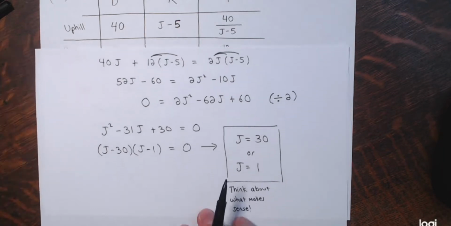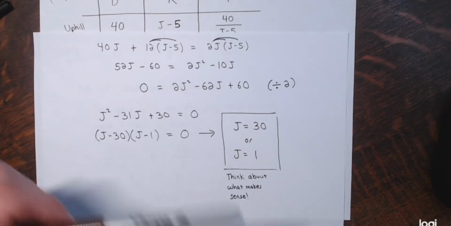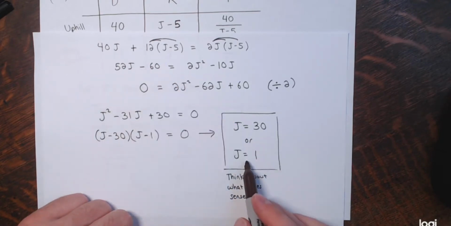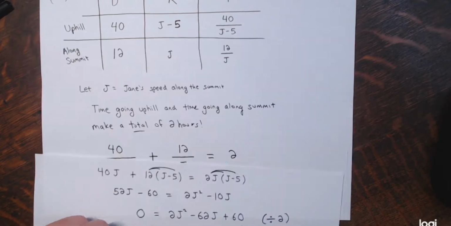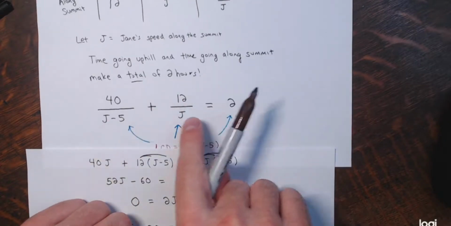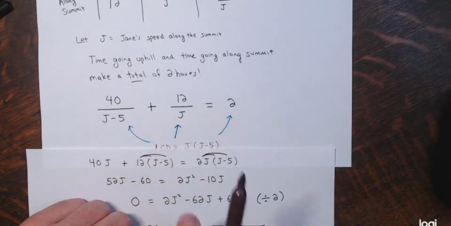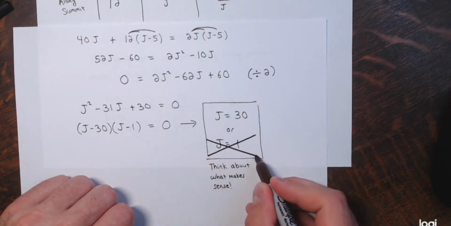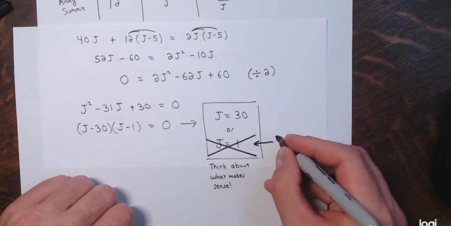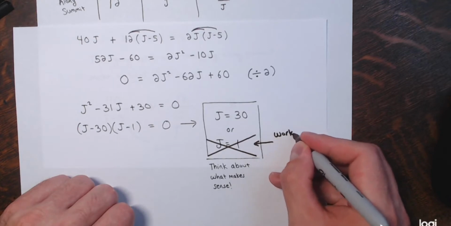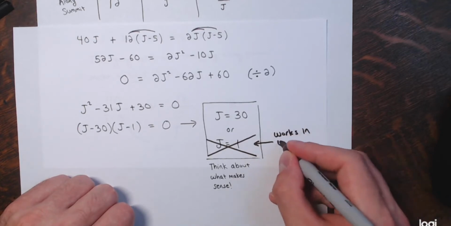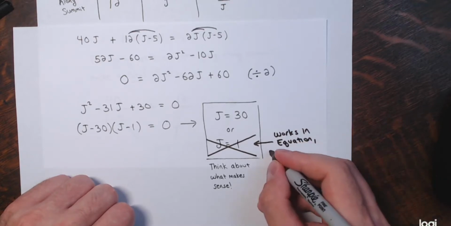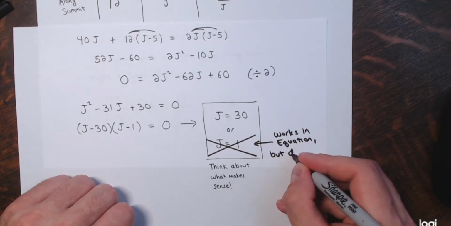So even though j equals 1 does work in this equation, you could replace j with 1 and this would be a true statement, it just doesn't make sense in real life. All right? So this works in the equation, but doesn't make sense in reality.